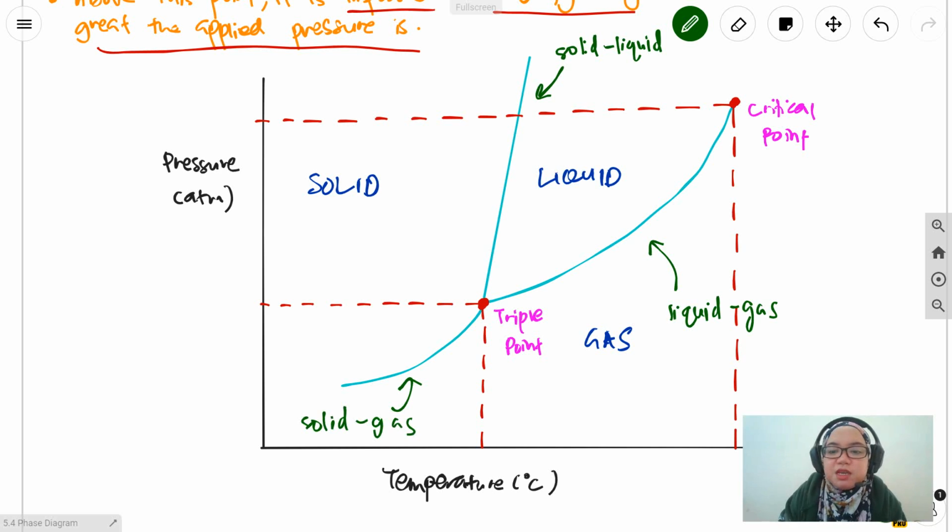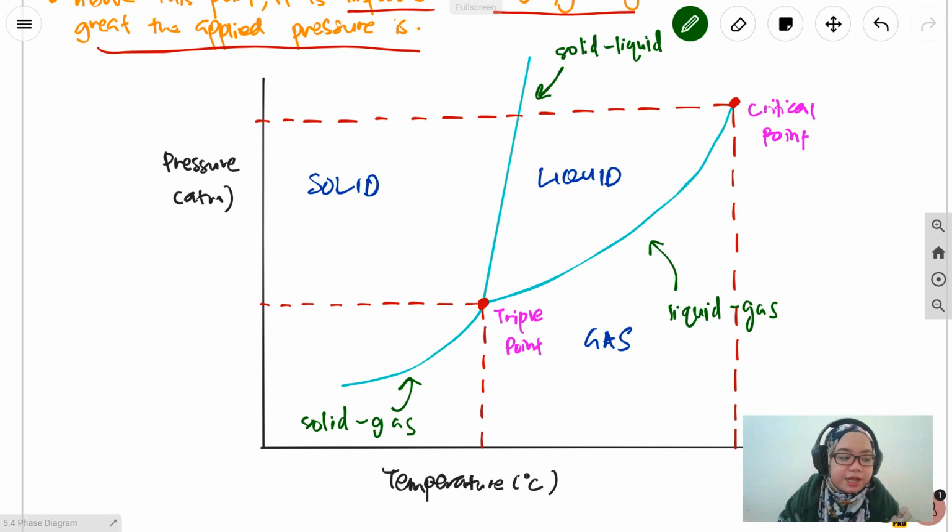These three are the equilibrium lines, where at this equilibrium line, solid and liquid are in equilibrium at the same temperature and the same pressure. Okay, same goes for this. At this line, liquid and gas are in equilibrium, and at this line, solid and gas are in equilibrium.